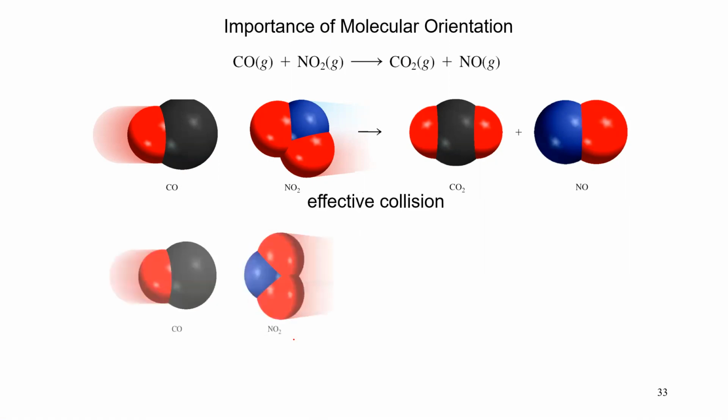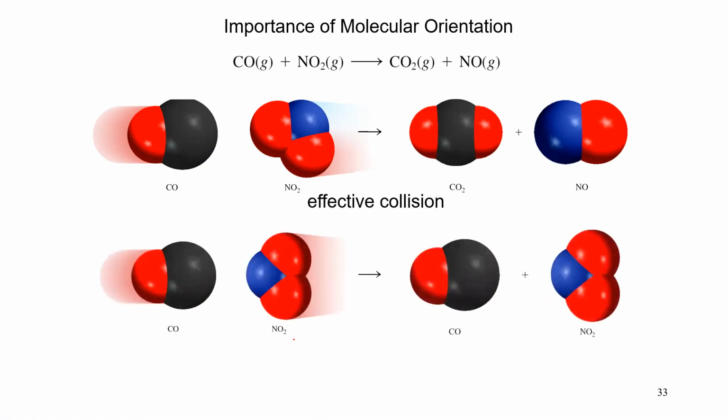However, if we orient it so the carbon and the nitrogen bump into one another, we won't get any reaction. We call that an ineffective collision. And so that frequency factor takes into account how many of the collisions are effective and actually lead to reaction occurring.